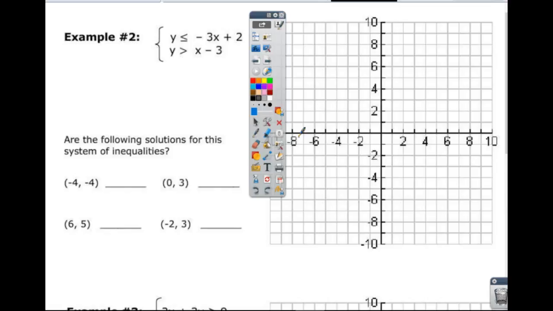So I'm solving for y, and there's a couple things you have to remember. First of all, if it's this symbol or this symbol, it's a solid line. And if it's this symbol or this symbol, it's a dotted line.